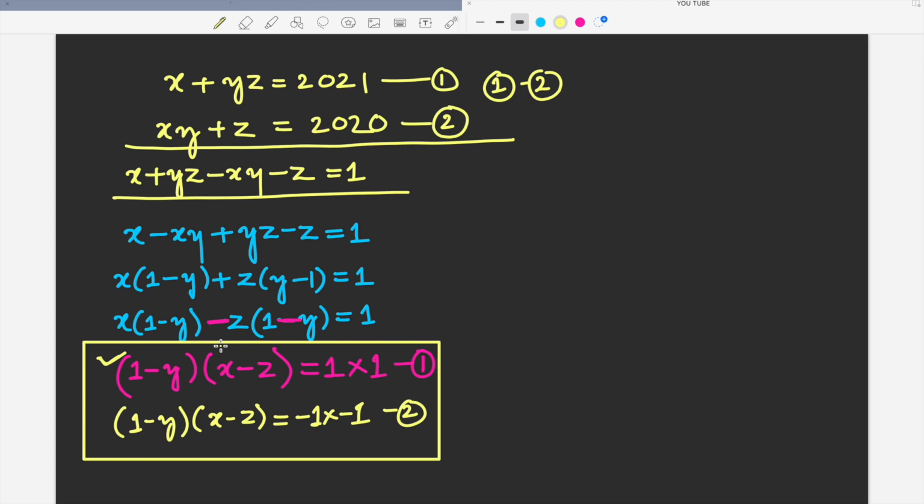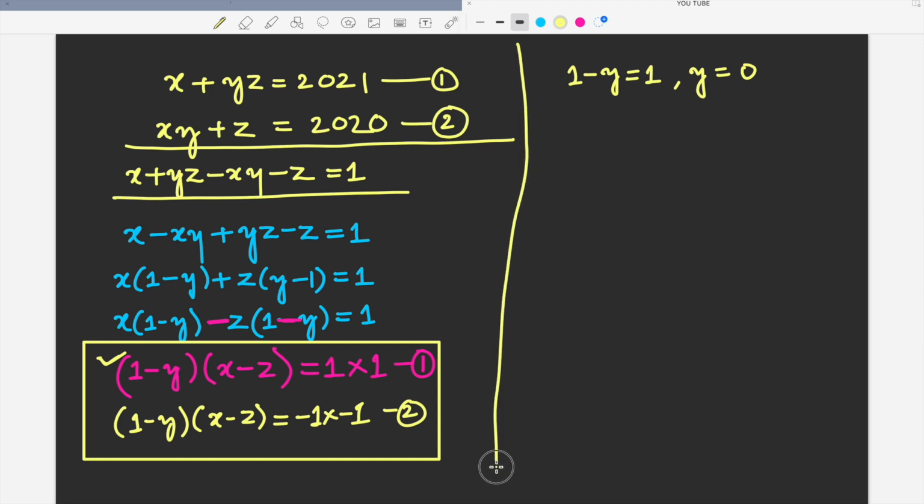So I'll write the first term, that is 1 minus y equals 1, right? So that means y equals 0. So from this we get y equals 0.